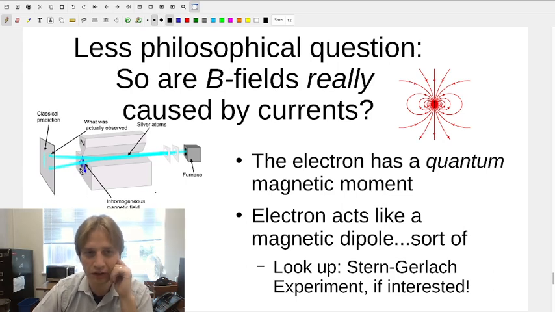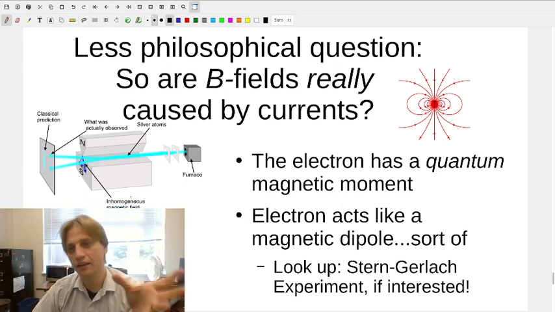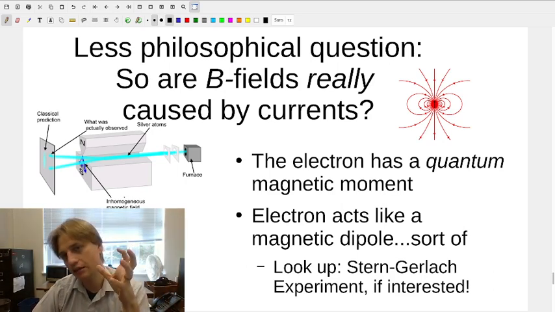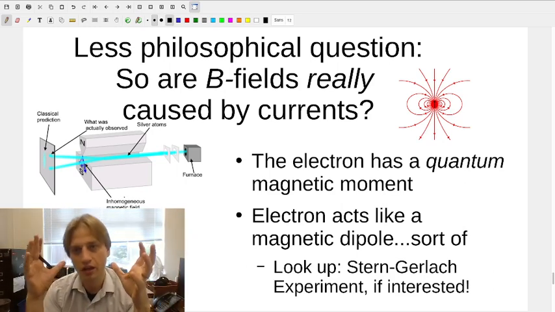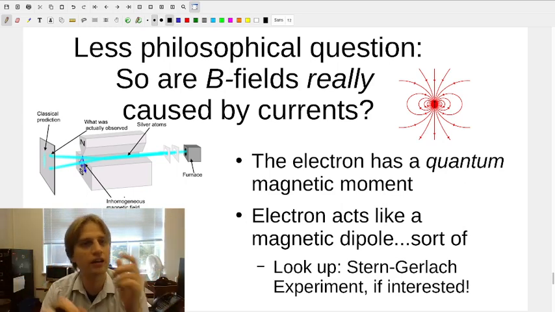So this is a very famous quantum experiment called the Stern-Gerlach experiment, and it led people to doubt whether this classical picture of magnets is quite right in the end.